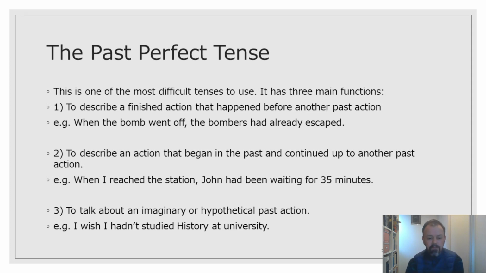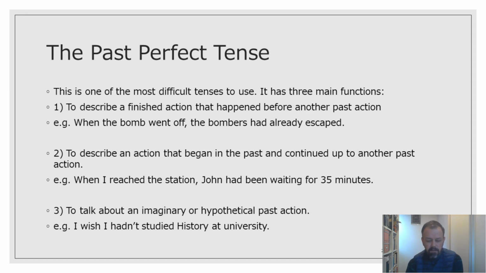Number one, to describe a finished action that happened before another past action. So we have two past actions. One is finished, and it finished before the other action happened. For example, when the bomb went off, the bombers had already escaped. We often use already with the past perfect tense.